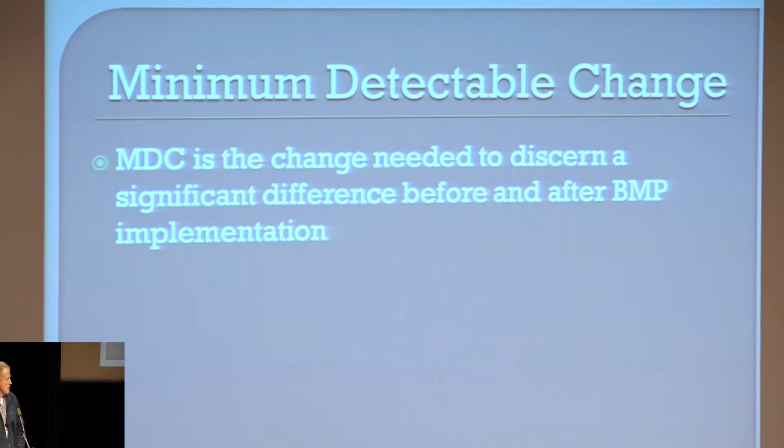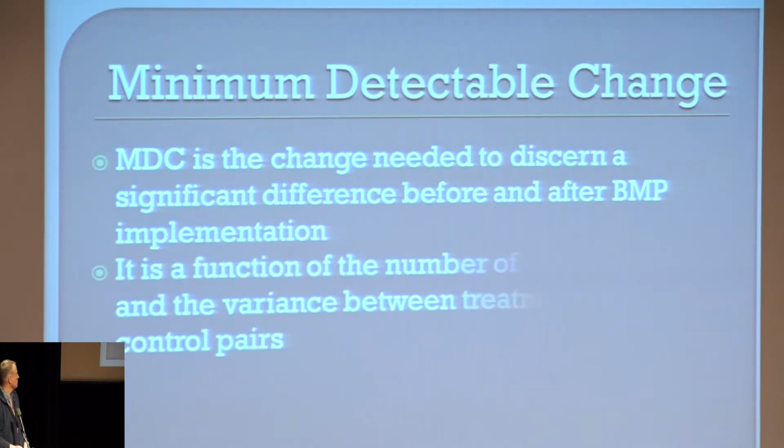And that's the idea behind this minimum detectable change, which is the change needed to discern a significant difference before and after BMP implementation. In the vast majority of watershed projects, there's really no investment made in gathering this pre-BMP calibration period data. What we have here is, in this case, 4 years of pre-BMP data to use to say what kind of change we are going to have to make to see an effect.